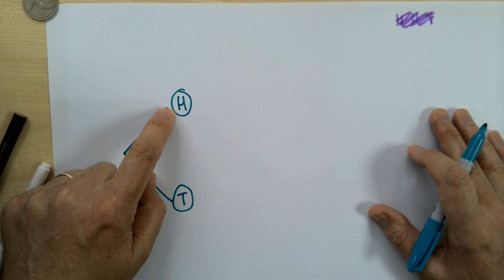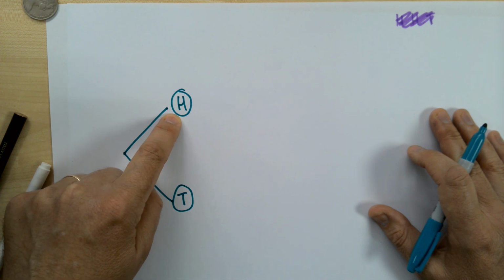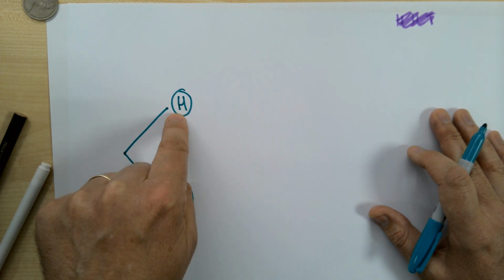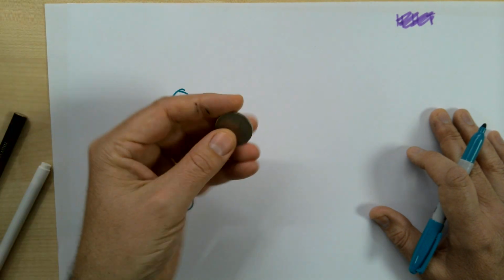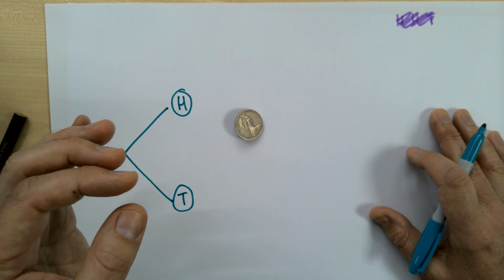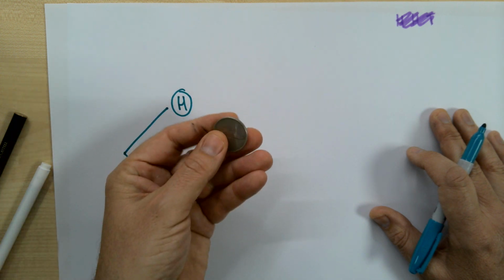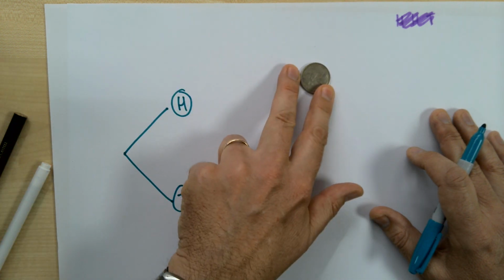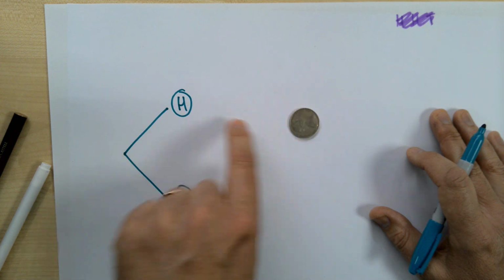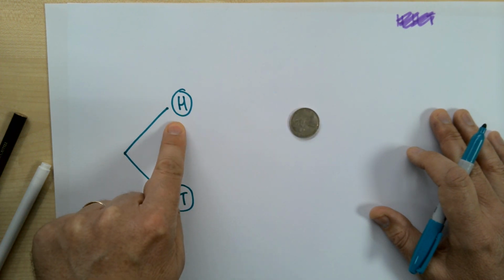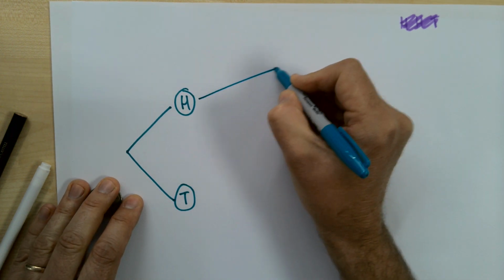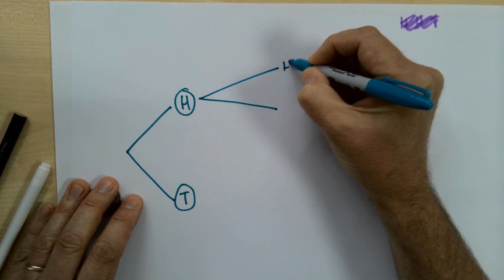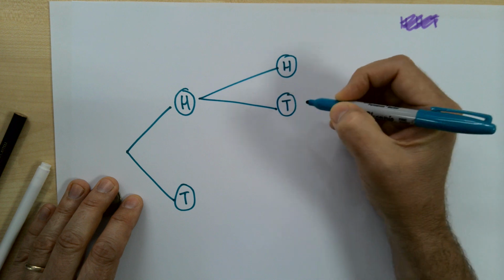But if I get a head here, I can still get the same thing. Just because I've got the head there doesn't change what's possible a second time around. So there's the head, and I got another head, but I could have got a tail. Getting that the first time around doesn't change what's possible a second time around. So when I do it the second time, I've still got those as options.